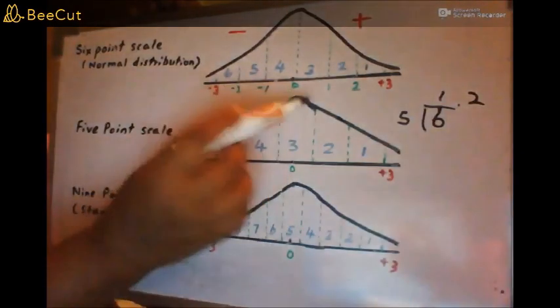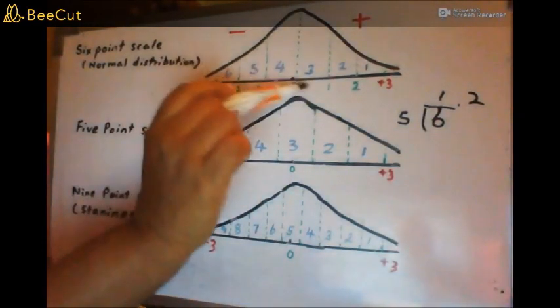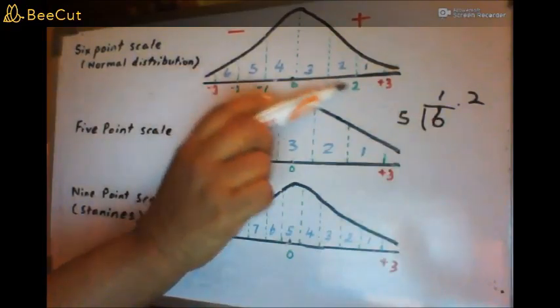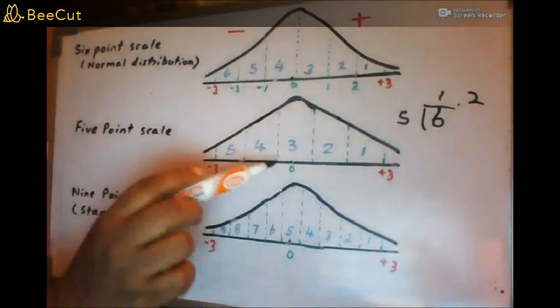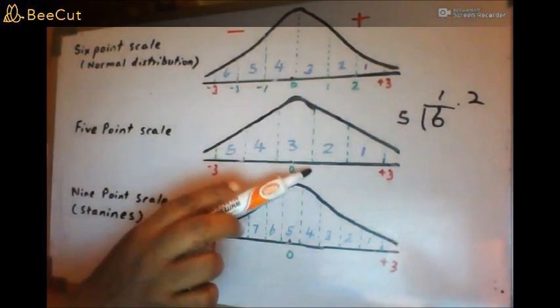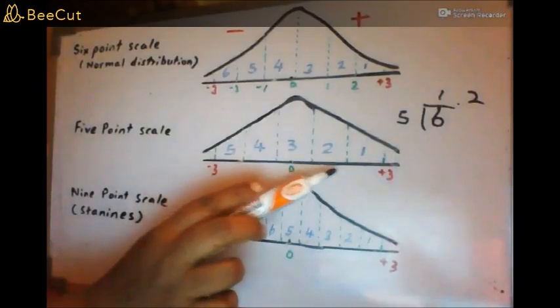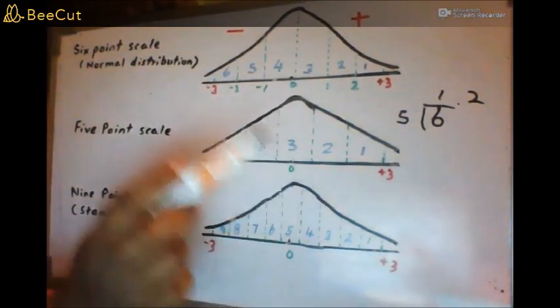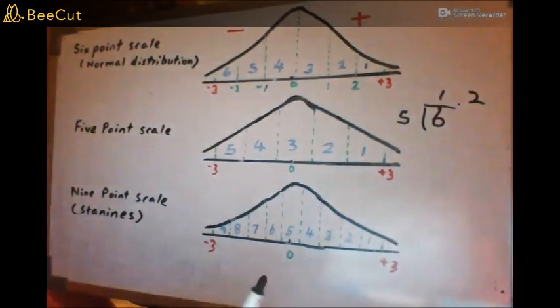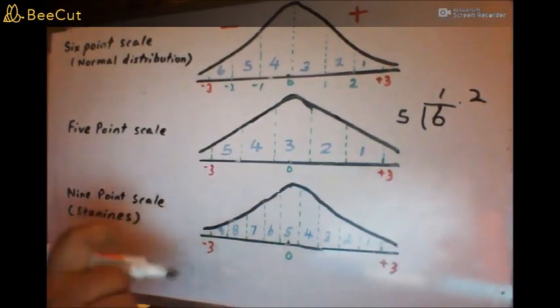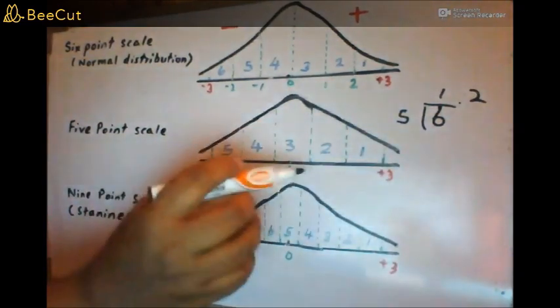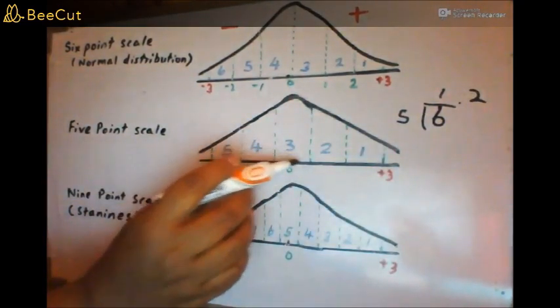Right? Here the values went like the standard deviations went one by one: 1, 2, 3. Here we take this one as 1.2. Next one 1.2 plus 1.2. It's like this, right? It's 1.2, and then 1.2 this distance.